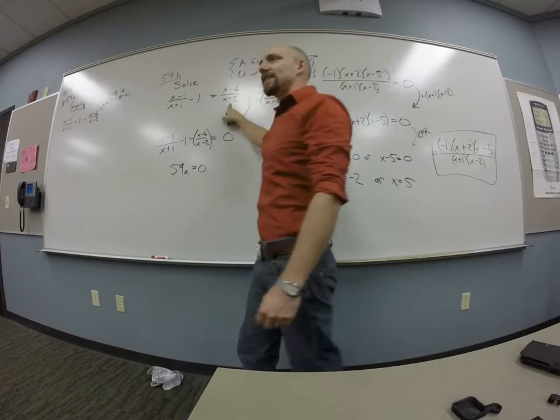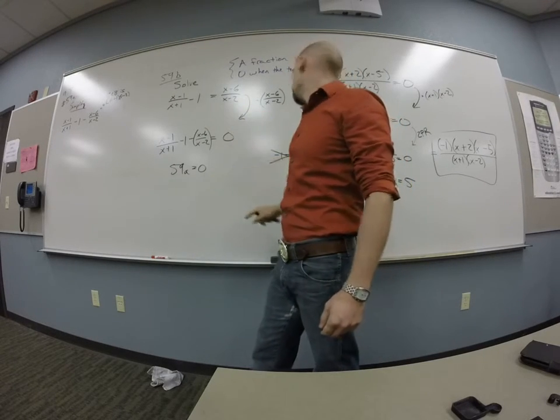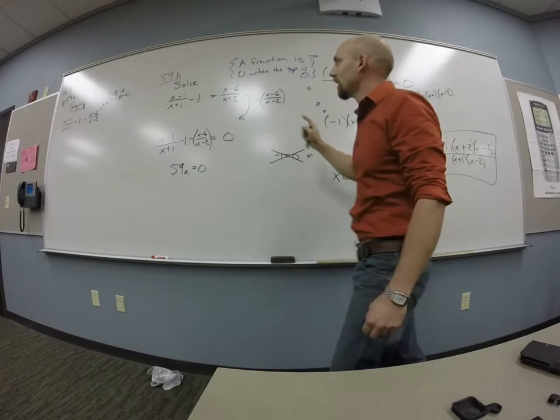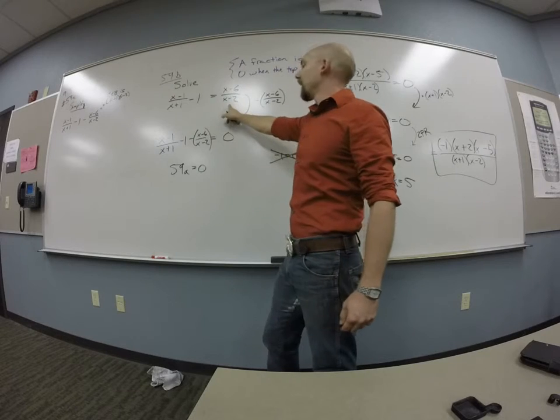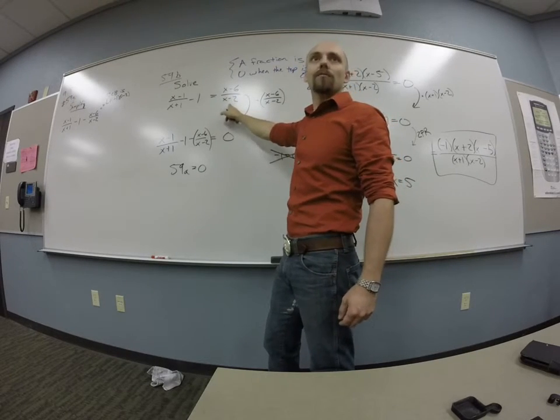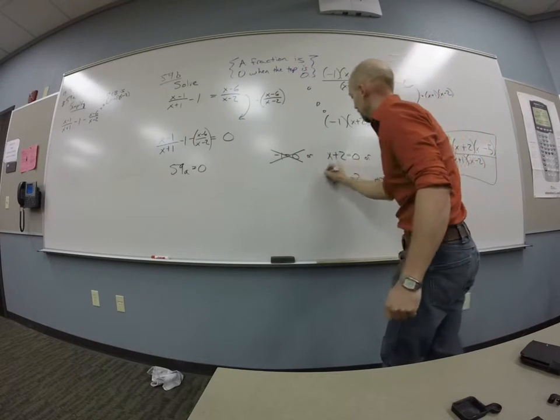And in this guy, it's negative 4. Either way, not 0, right? And when I plug 5 in, I get 6 in the bottom for this guy and 3 in the bottom for that guy. No division by 0. I'm good with these two.